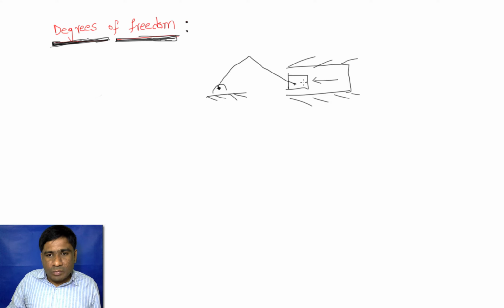So due to fuel burning, this piston will be moved in this direction. For example, we are considering this as the input motion, and this rotation is the output motion.